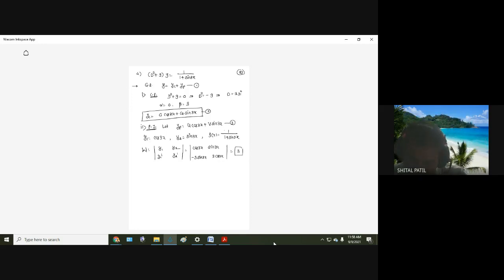Three cos square plus 3 sin square. So y1, y2, f of x, and this w. y2.